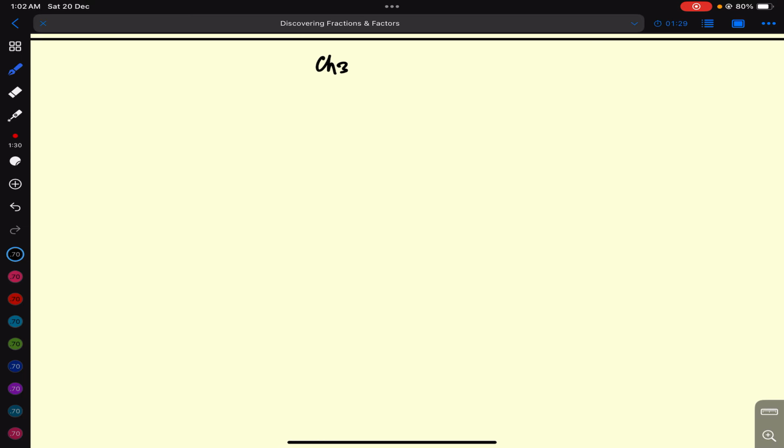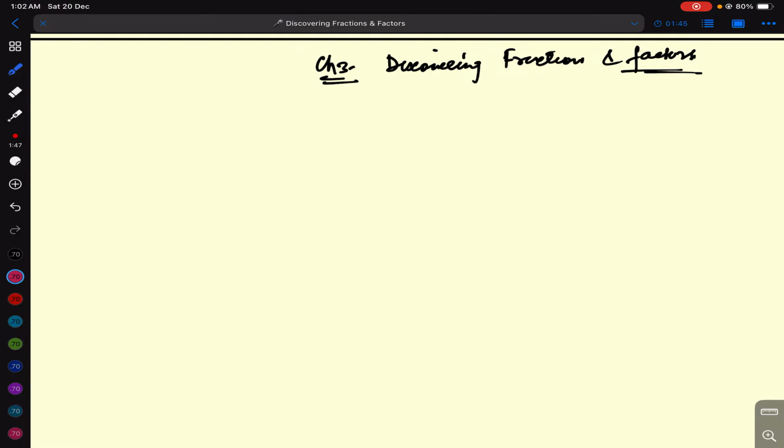Now, this is your chapter number 3, which is discovering or understanding the fractions and factors. This chapter had basically 6 lessons. The first lesson was monomials and addition and subtraction of polynomials.